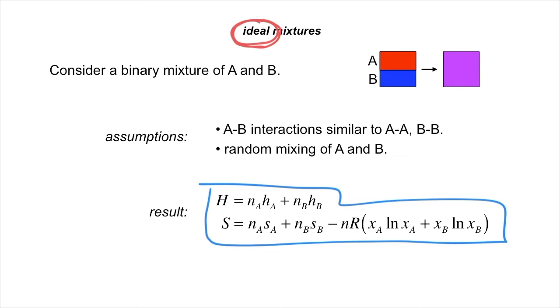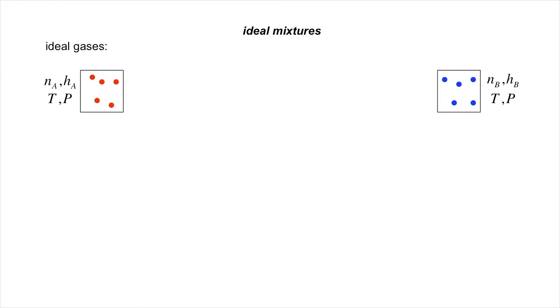Before going on, let's try to justify these expressions based on our assumptions in the two cases: an ideal gas and an incompressible liquid with like molecules. In the case of an ideal gas, it is relatively straightforward to understand the ideal mixture approximation.